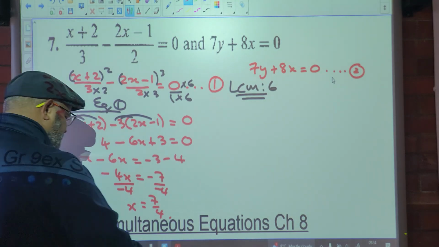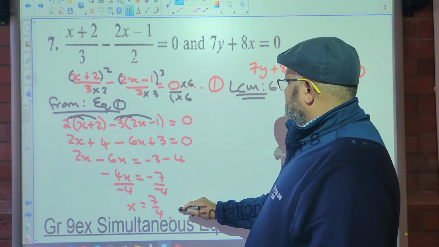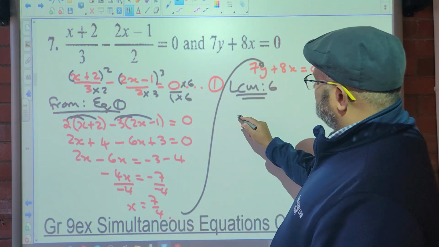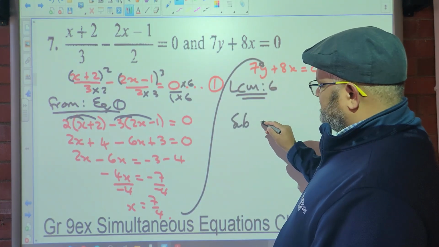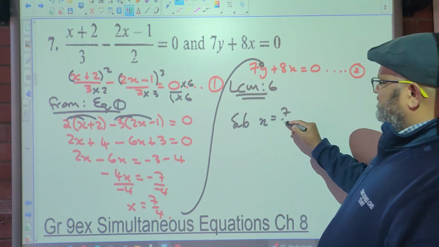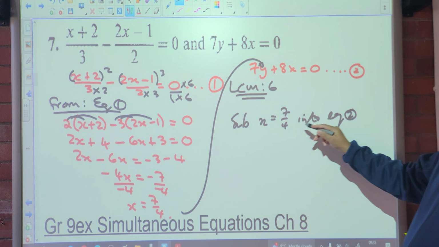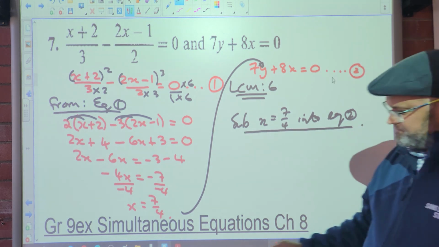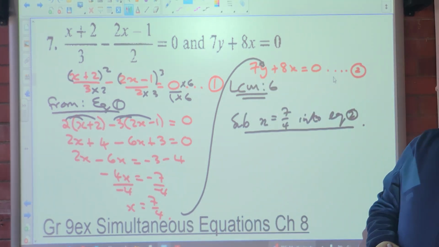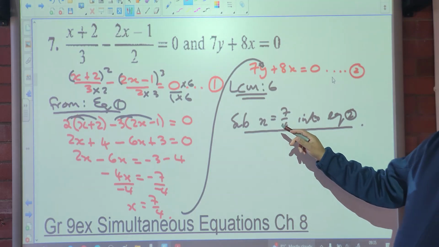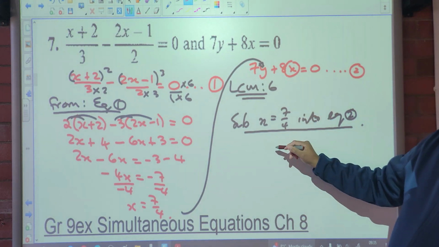So what do I do with that? You'll sub it into equation 2. Substitute x is equal to 7 over 4 into equation 2. So what do we get now? If I say x, I put the 7 over 4.